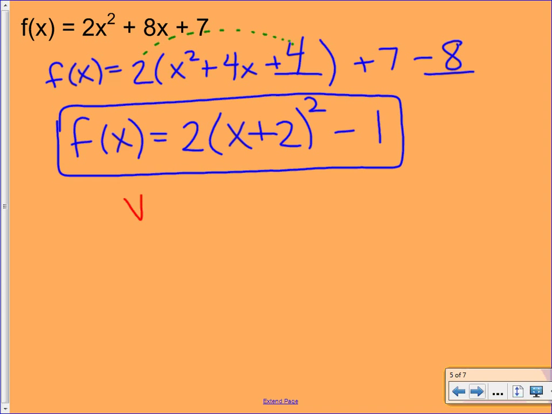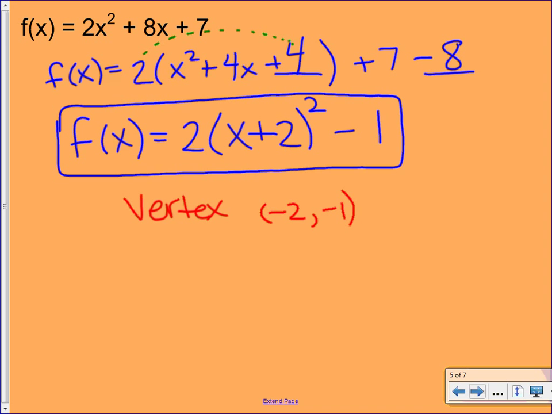Where is our vertex? Okay, this parabola has been shifted left 2 and down 1, so our new vertex is at -2, -1. And this right here is doing what to our parabola?